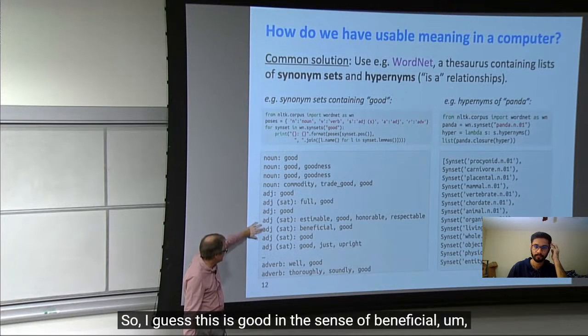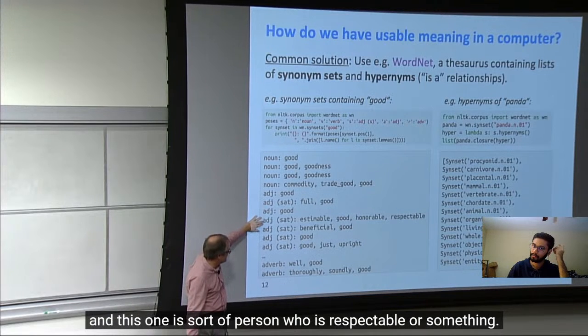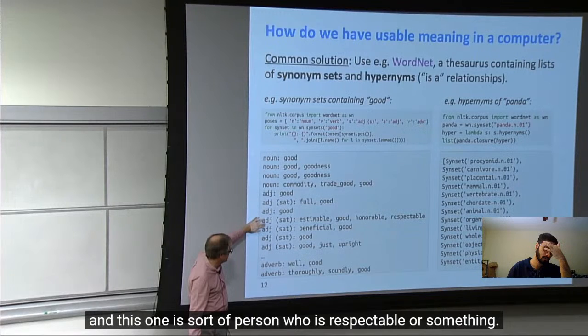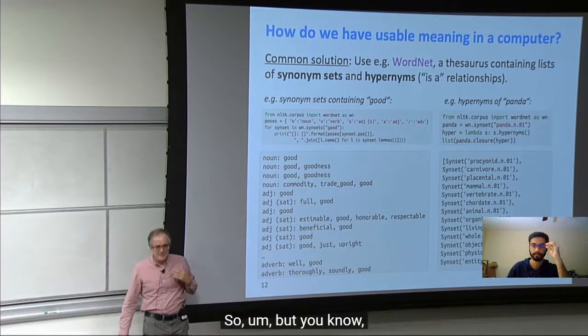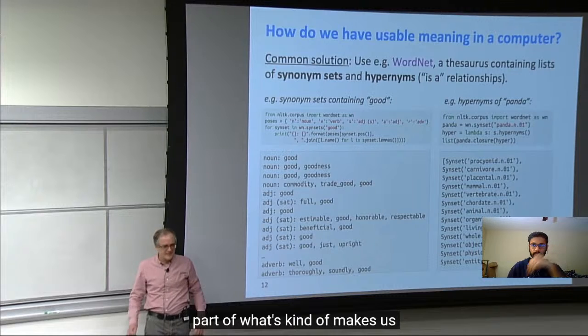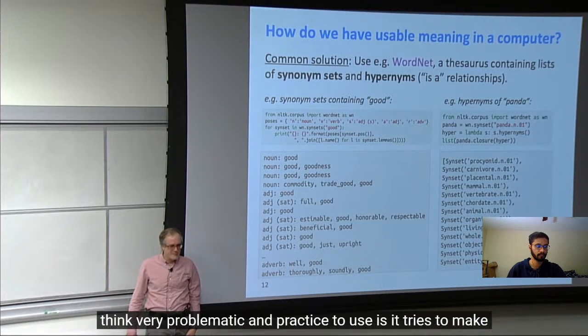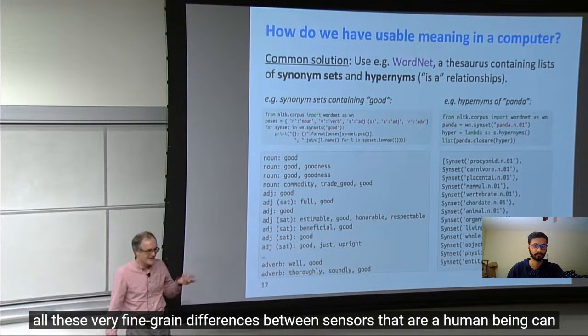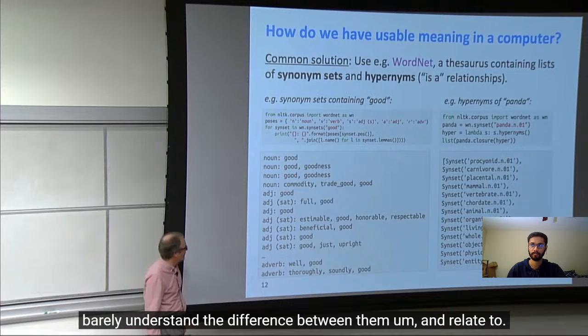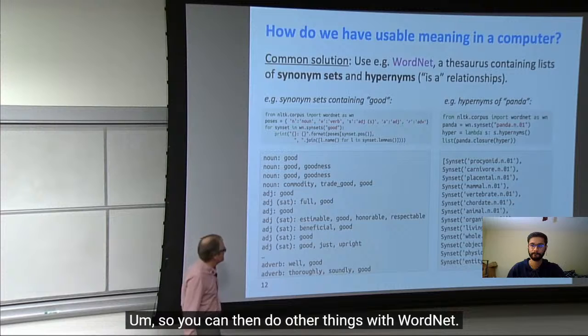So I guess this is good in the sense of beneficial, and this one is a person who is respectable or something. He's a good man or something like that, right? But part of what makes this thing very problematic in practice to use is it tries to make all these very fine-grained differences between senses that a human being can barely understand the difference between and relate to. So you can then do other things with WordNet.